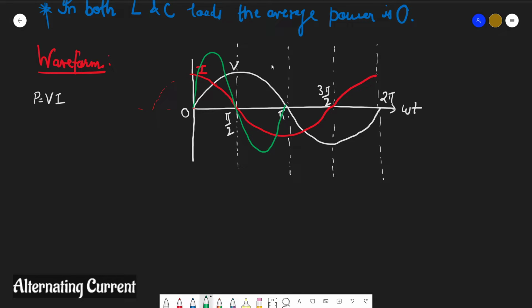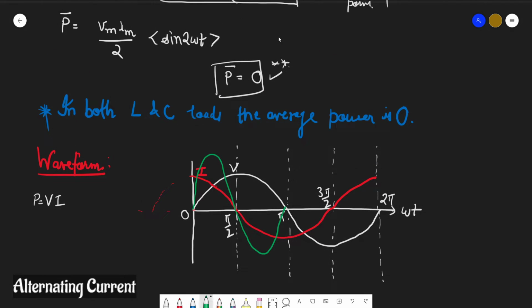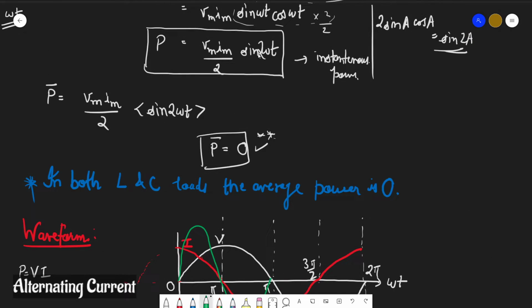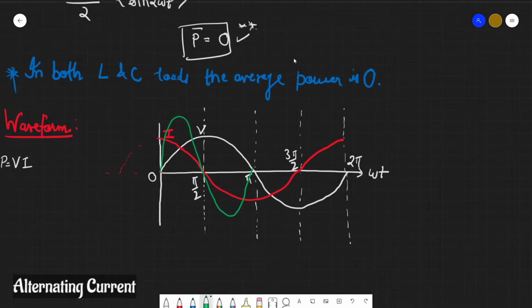We have seen the sinusoidal expression, and from it you can draw the graph. You will see the significance of 2 omega t here. When both are negative, the multiplication gives positive power. Again, one negative and one positive gives negative. This green curve is your power waveform.